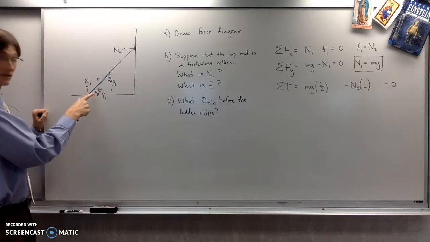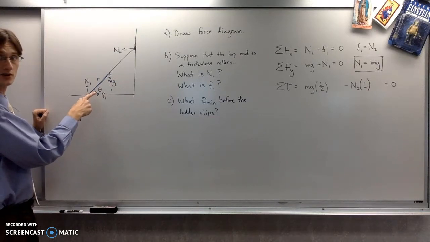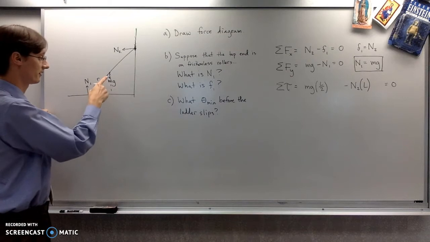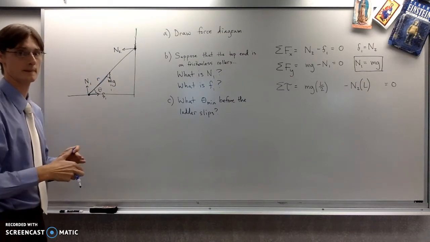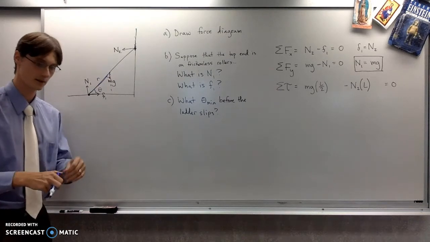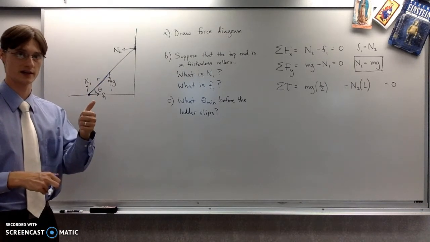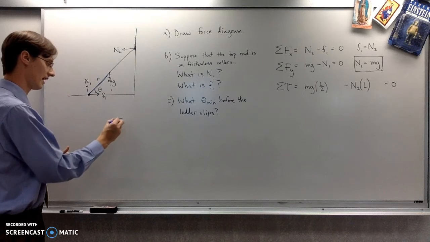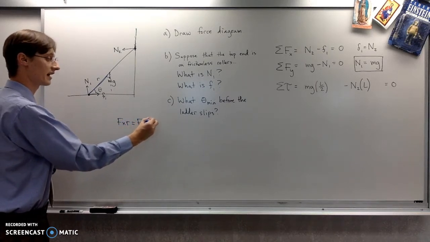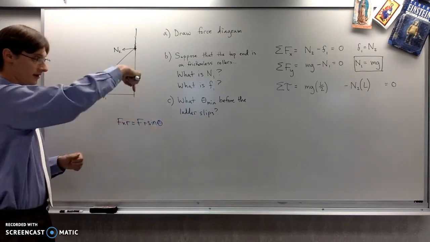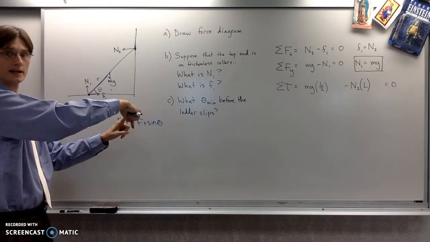Well, there's the angle that we talked about in the question, so this angle is the complementary angle to it. Torque's a cross product. That means F cross R is FR sine of the angle between the force and the radius.